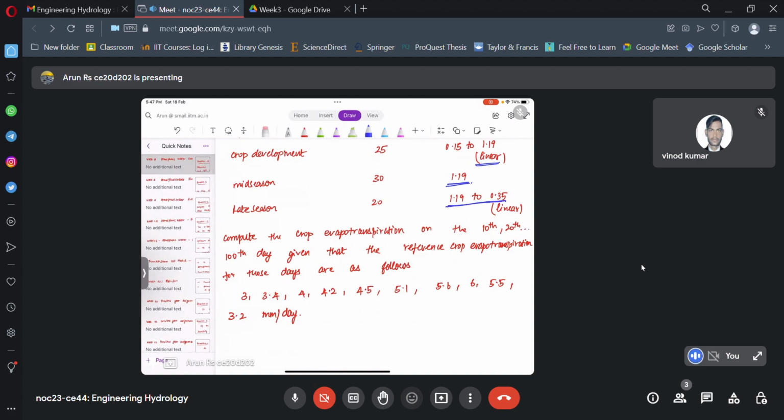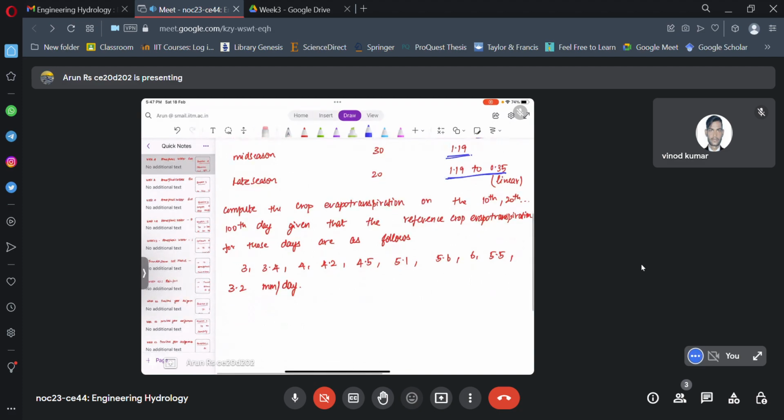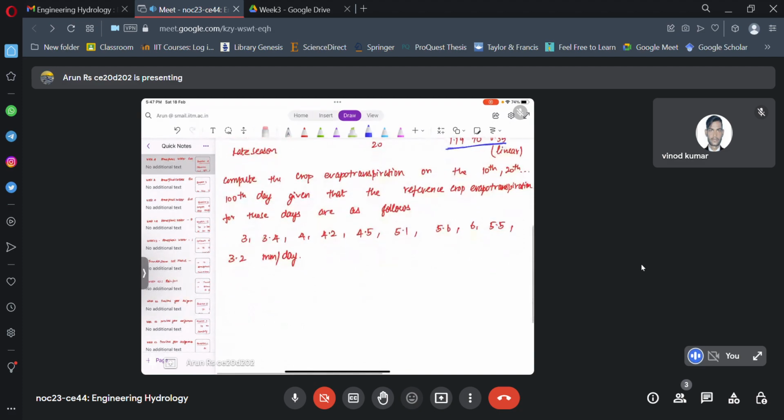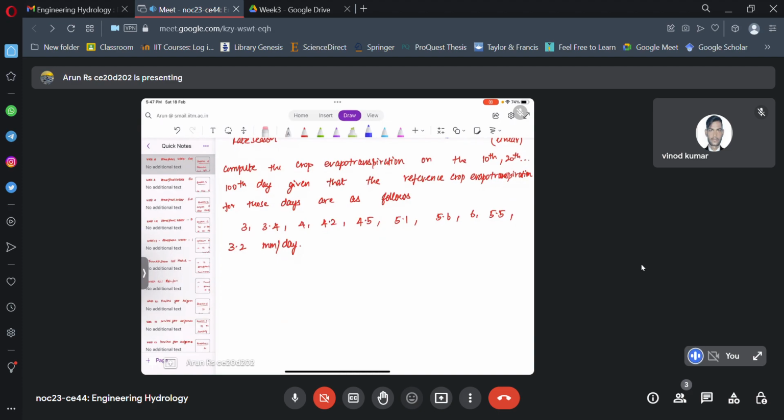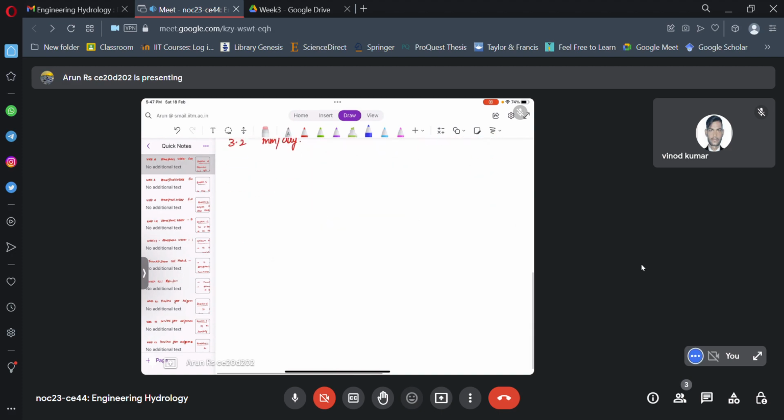Your crop coefficient again decreases. Now we need to compute crop evapotranspiration on the different days, given the reference crop evapotranspiration they have already given in the question. So these are the reference crop evapotranspiration values at 10 days, 20 days, 30 days, up to the 100th day in mm per day.